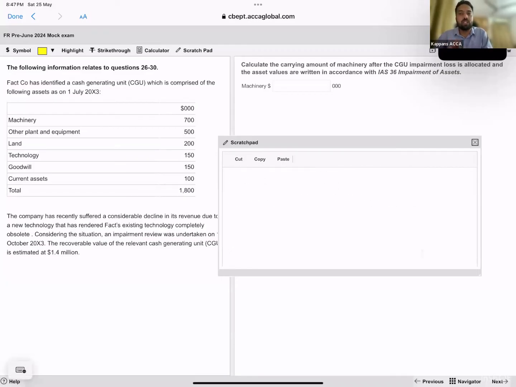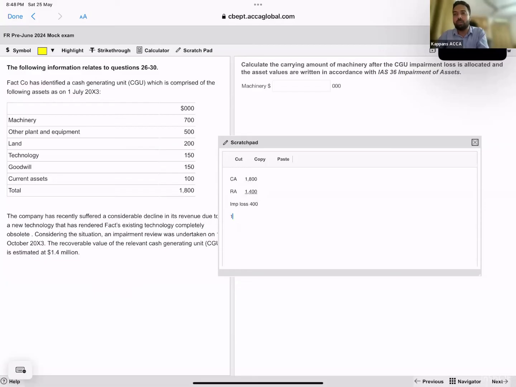The total carrying amount of CGU, cash generating unit, is 1,800 in thousands. The recoverable amount is 1.4 million, that is 1,400. So basically there is an impairment loss since recoverable amount is lower than carrying amount. So the impairment loss is a difference of 400.